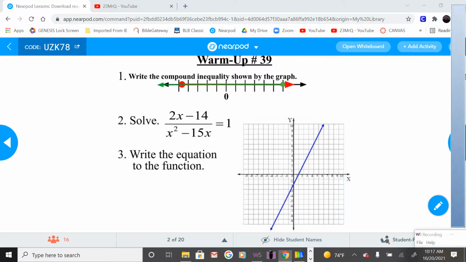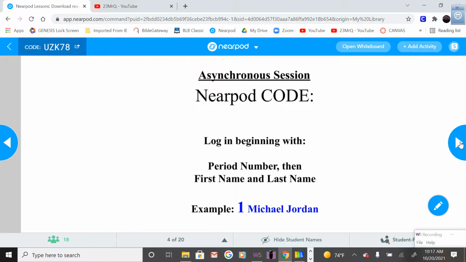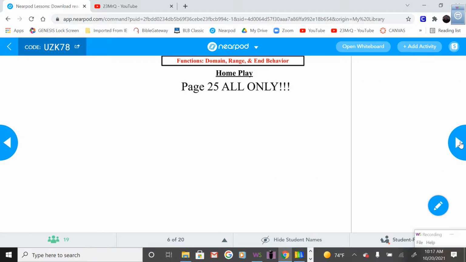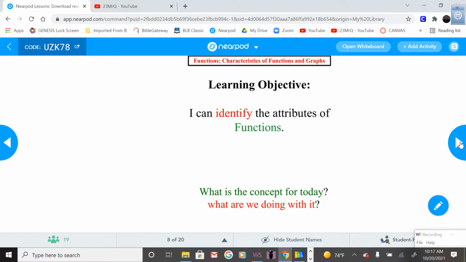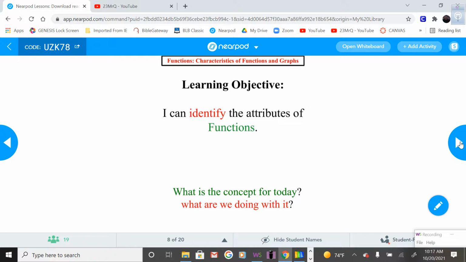Oh no, you are at the warm-up, those of you that I logged in. Let me move this. There it is. All right, here we go. Our objective for today: I can identify the attributes of functions.